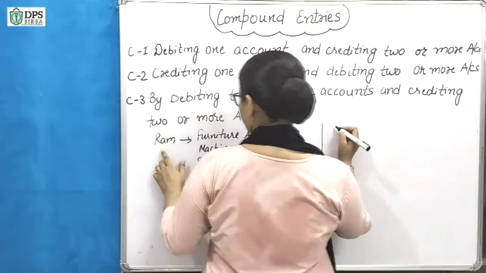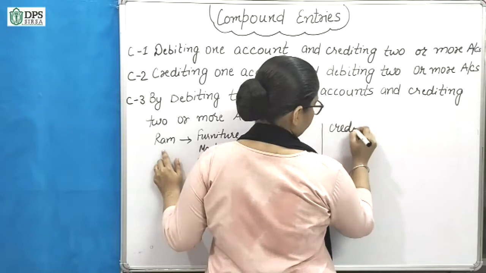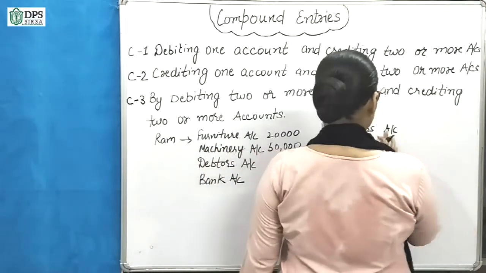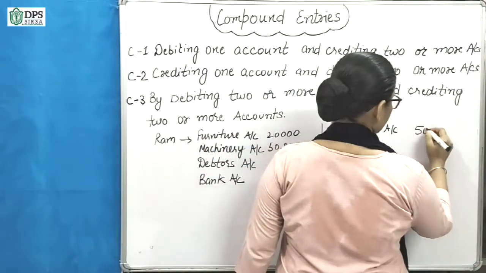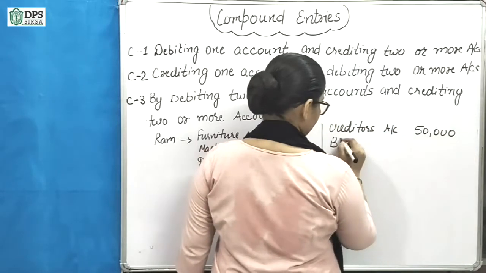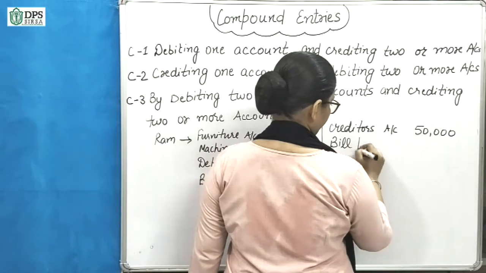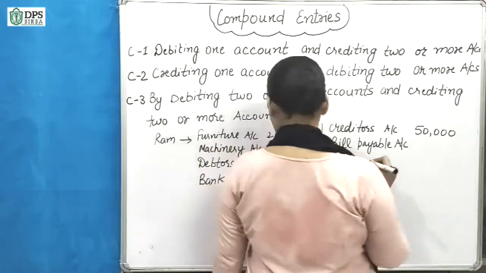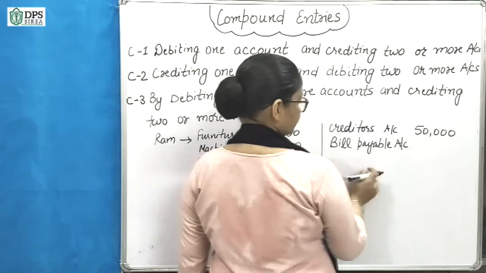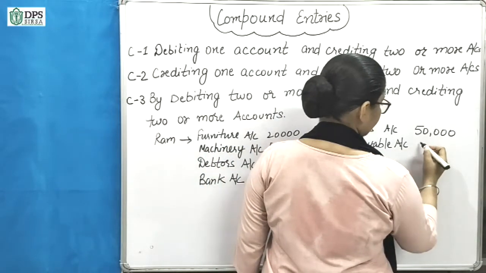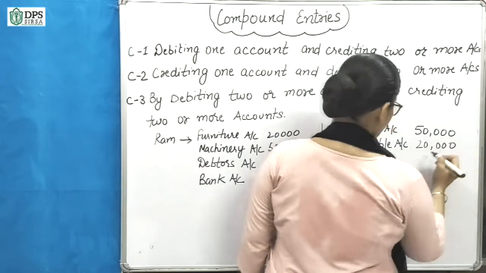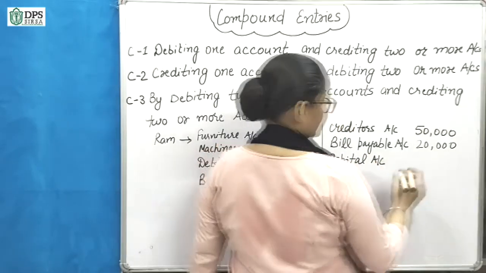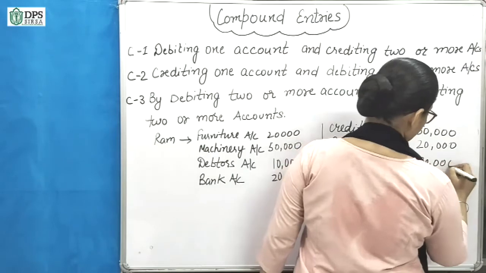So if we are taking his assets, then liabilities, suppose creditors, the persons whom he has to pay, suppose 50,000. कुछ bills हैं जो उसने pay करनी है, तो bills payable account, let's say it is 20,000, and capital is 30,000.